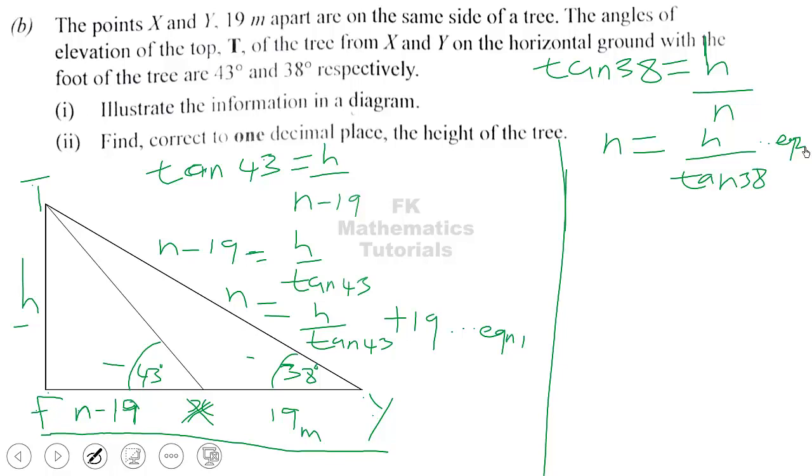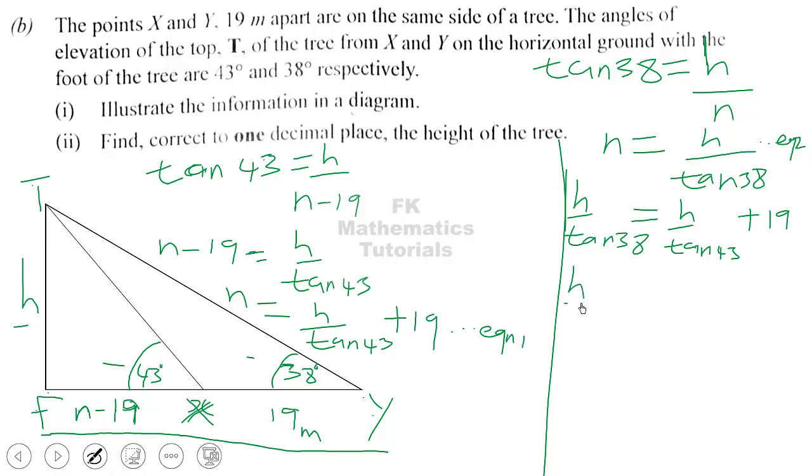Now we put equation 2 into equation 1. In other words, we are equating both equations. So we have h over tan 38 is equal to h over tan 43 plus 90.